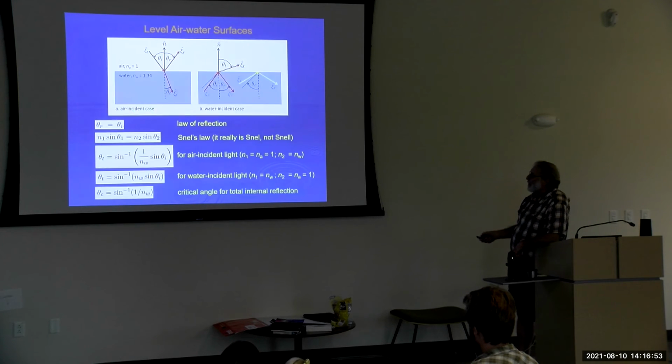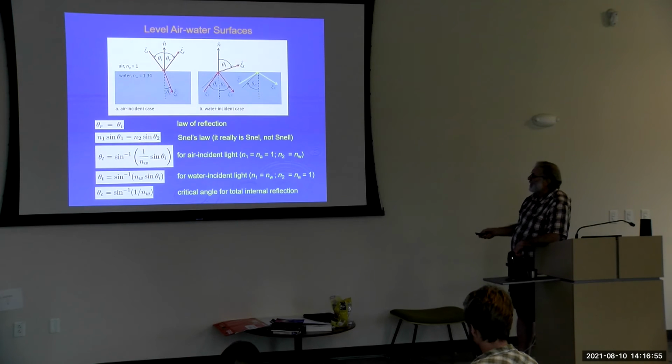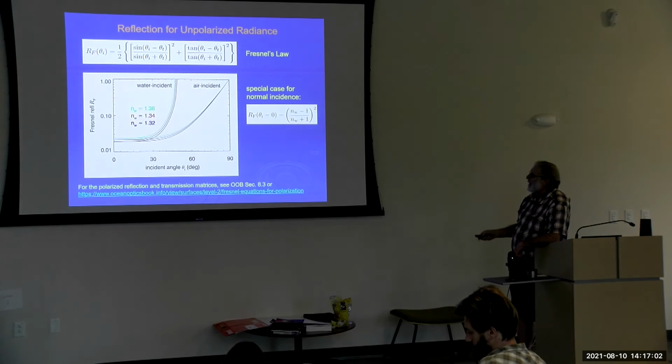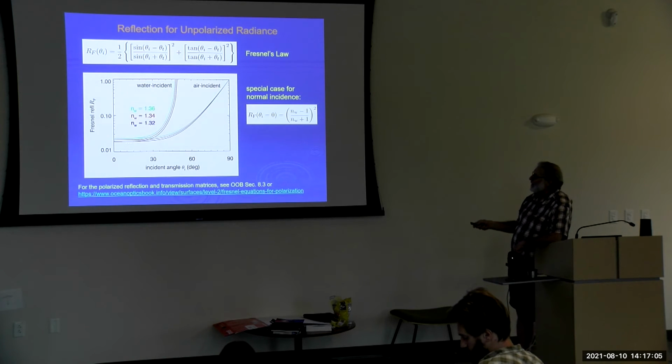And of course, when you go back and look at these angles here and you realize, well, you only get transmission up to a certain point and then it's 100% reflected. And then you've seen these curves in your freshman physics book where it talks about Fresnel's law that tells you what fraction of the light is reflected as a function of incident and transmitted angles. And so if it's air incident, it's maybe 2% or so. And of course, that depends a little bit on wavelength because the index of refraction depends a little bit on wavelength.